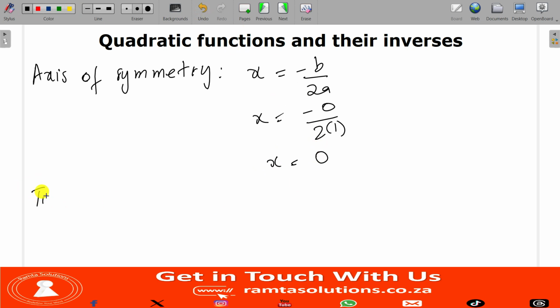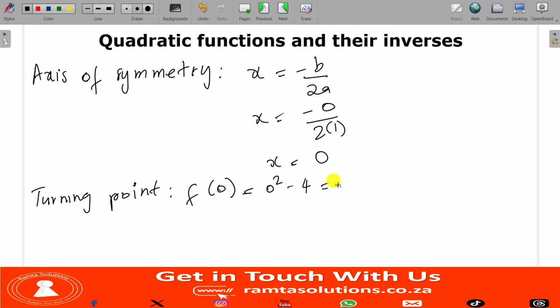Now, turning point. First thing first, I will need f of 0, right? Because what is f of 0? F of the axis of symmetry. Remember, this is the y value of the turning point. We said the axis of symmetry was 0. So where x is, you put 0.